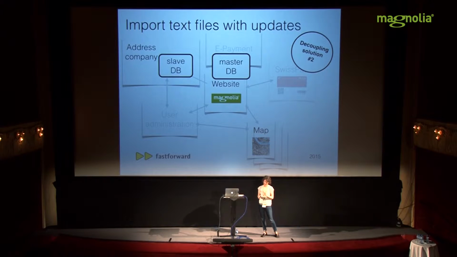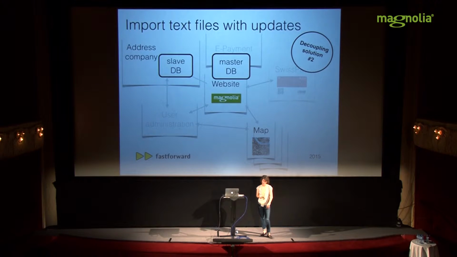Sometimes we still need to move updates in the other direction, so from the slave back to us. So if I forget to pay my bill, that needs to be reflected in our database so that I can no longer use the premium features.